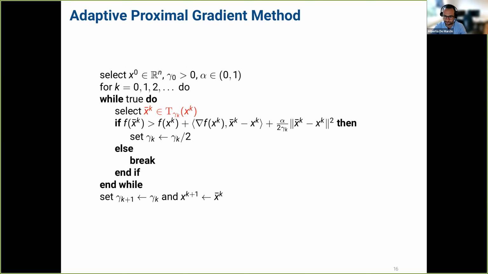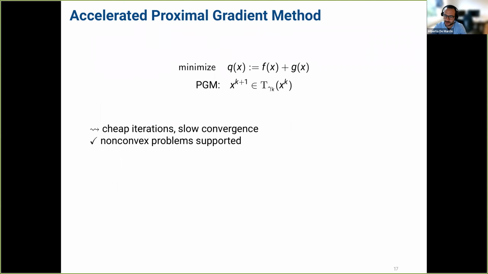This is the adaptive proximal gradient method, and the iterations are quite cheap because we have to evaluate only the gradient and then the proximal operator. And then maybe we need to check this quadratic upper bound, but it's not very expensive.